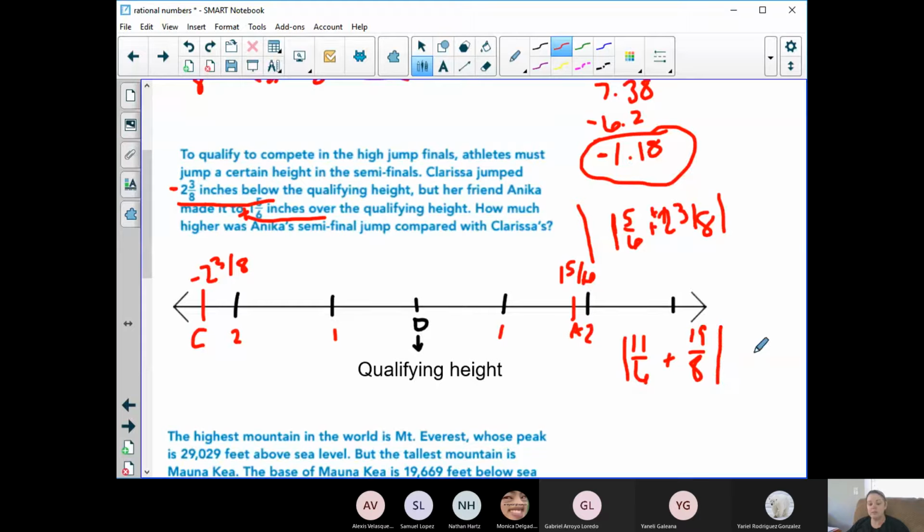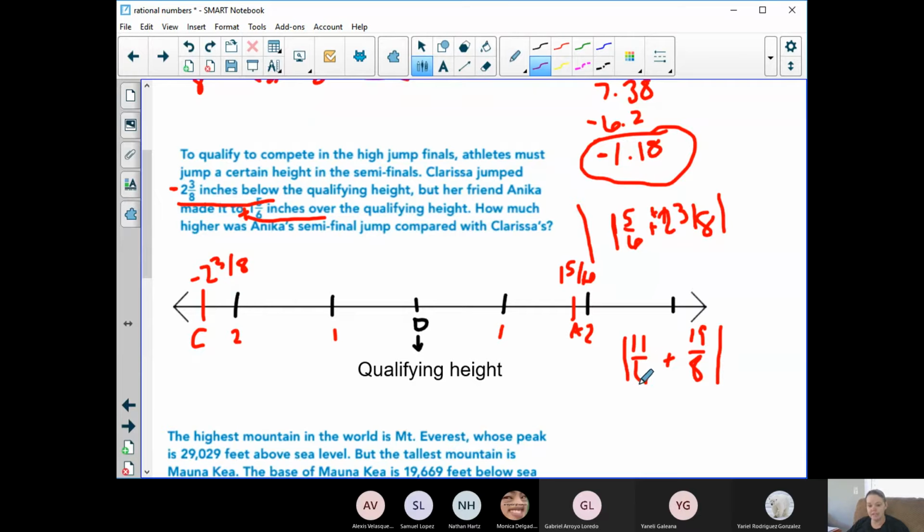All right, can I add these two numbers together as is? No. We need to change them to common denominators. What is a common multiple? 24.